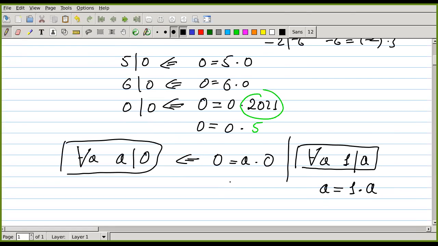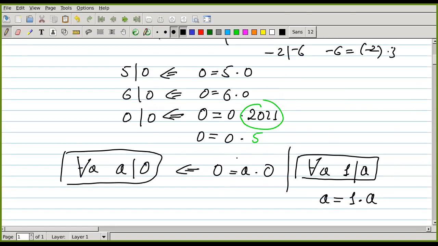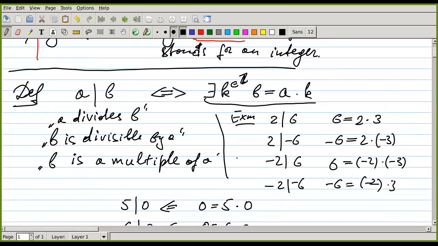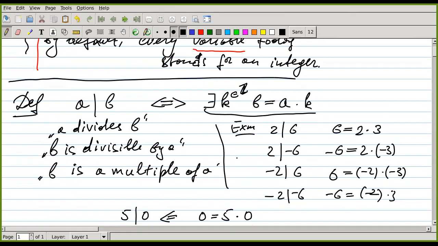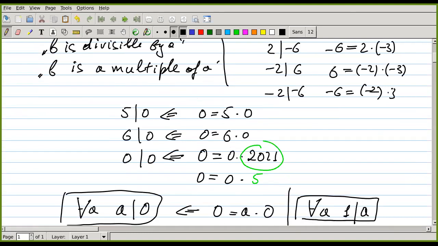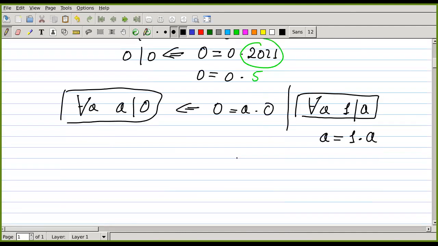Of course. So, 1 divides everything, and 0 is divisible by every number. Something like that.